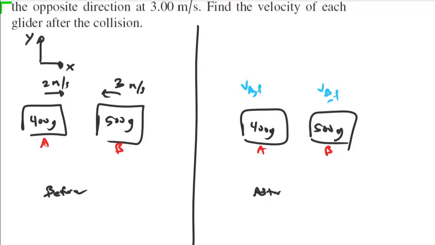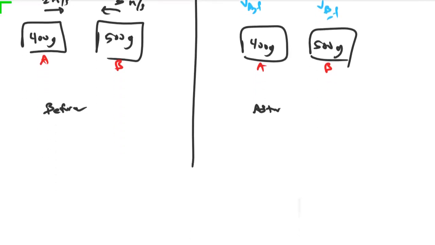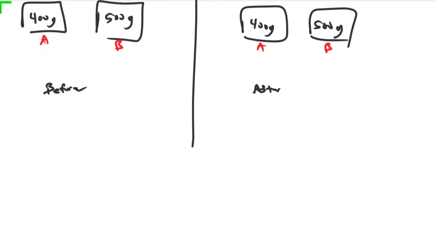Since the problem tells us that the collision is perfectly elastic, we know that the kinetic energy is conserved, and this results in this equation. Generally, I would start out with this equation. We get to use conservation of kinetic energy as well as conservation of linear momentum for this problem.